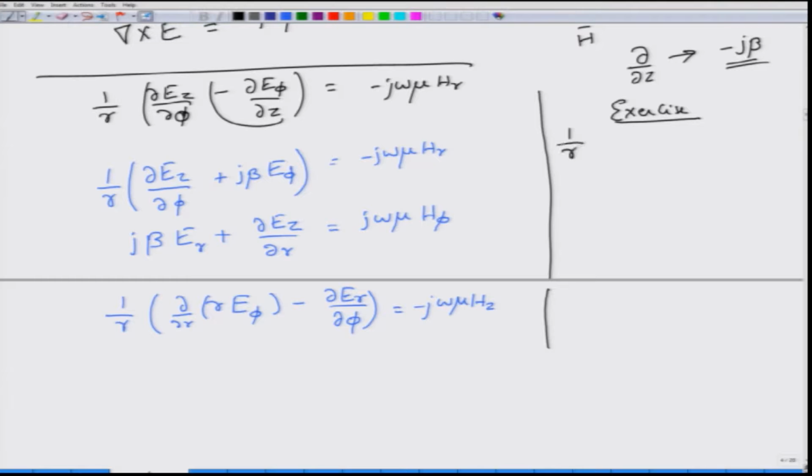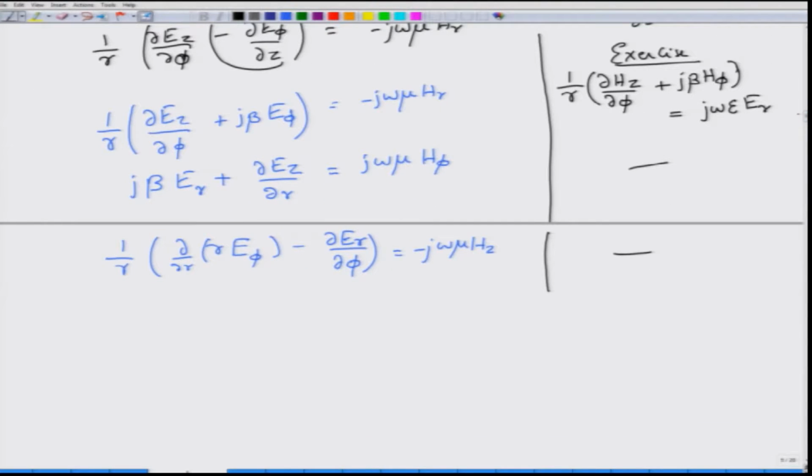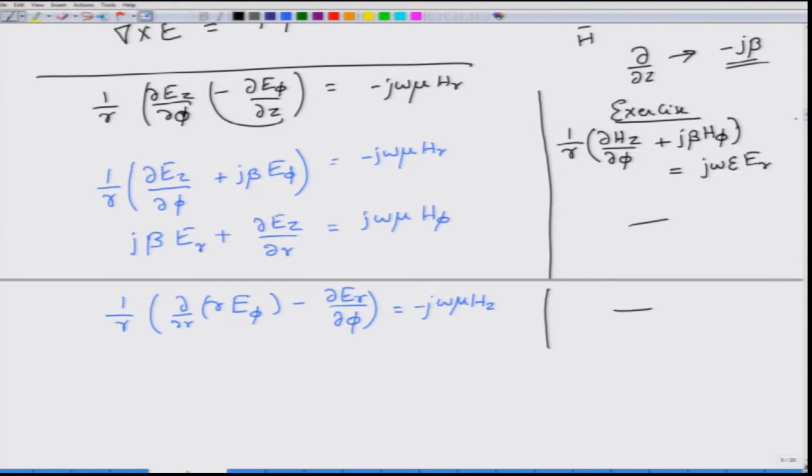So, you will have 1 by R del Hz by del phi plus j beta H phi, right. So, replacing E by H, this should be equal to j omega epsilon E R. So, you can fill in these two. What you do in the next step is that you need to express ER, E phi, HR, H phi in terms of Ez and Hz.